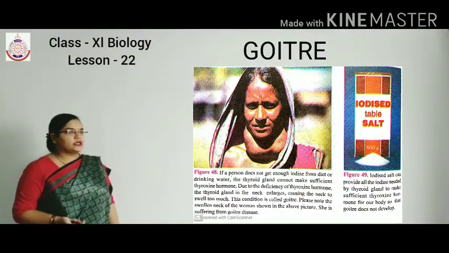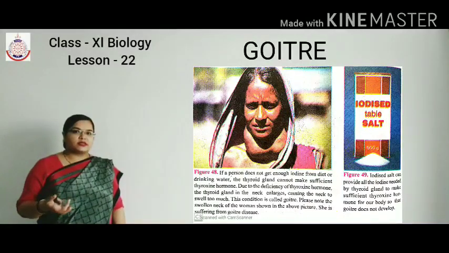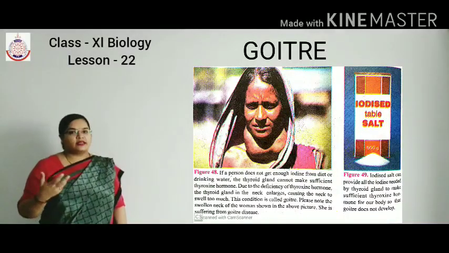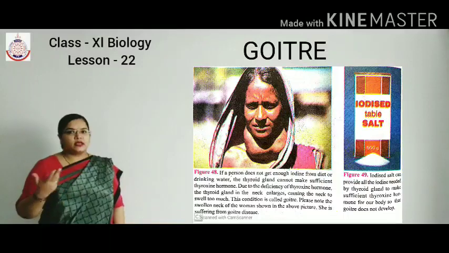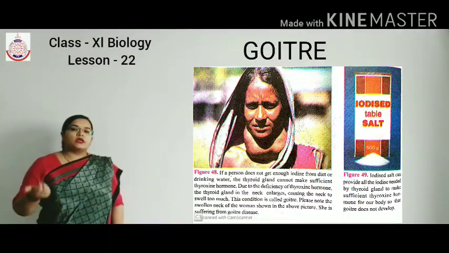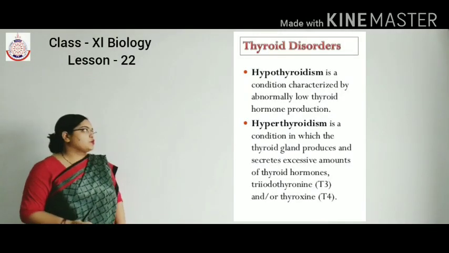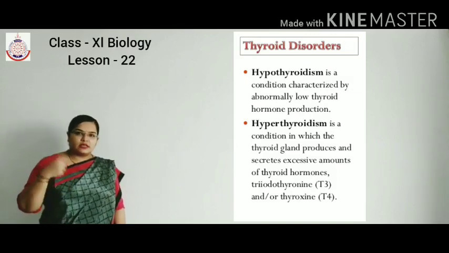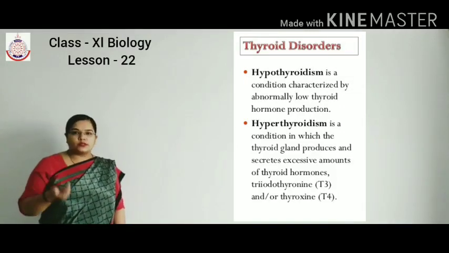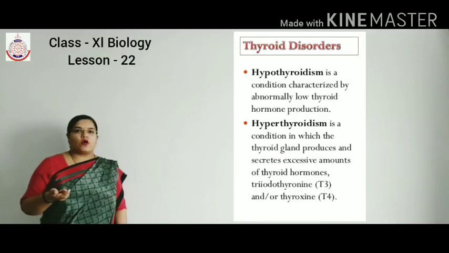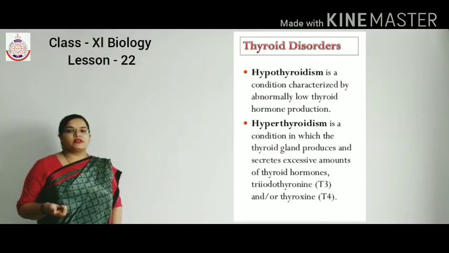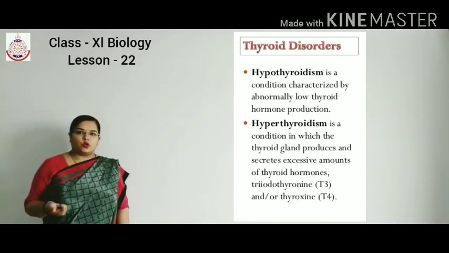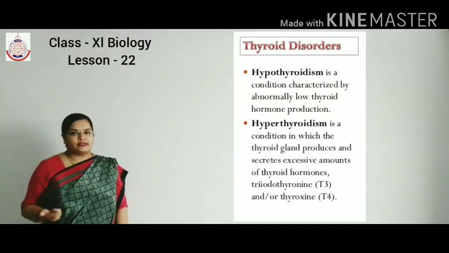How goiter can be corrected? If iodine is added in the diet of the person, then the goiter is corrected. Now, second disorder is hypothyroidism. Hypo means low. If there is low secretion of thyroid hormone, then the person will suffer from the disorder known as hypothyroidism.